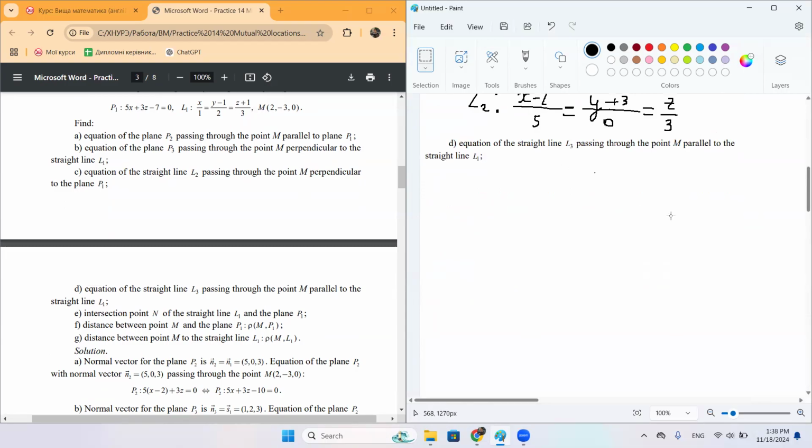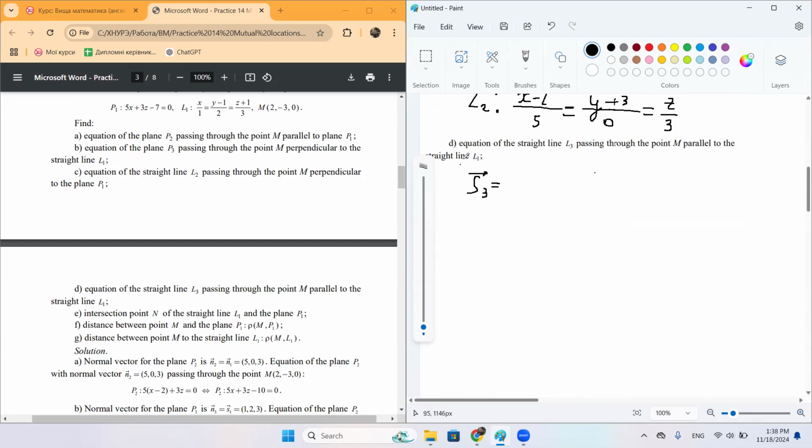So the equation of the straight line L3 passing through the point M parallel to the straight line L1. So we know the point and we need to find the direction vector. So what is the direction vector? Maybe anybody else wants to answer. So the coordinates of the direction vector for L3.